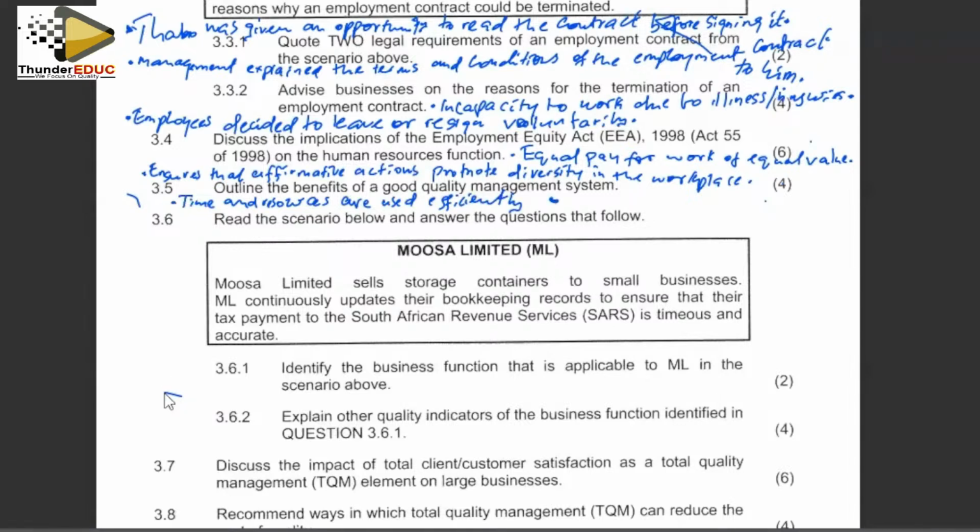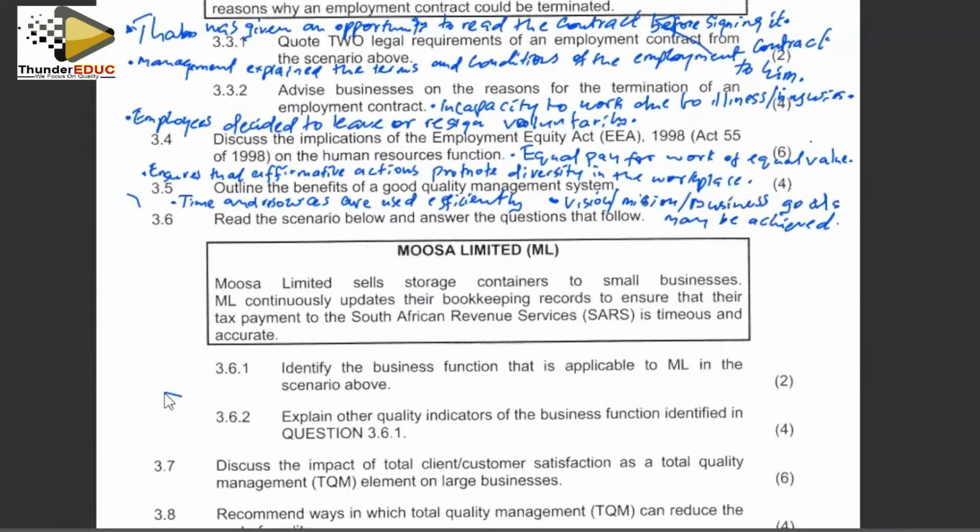And also we are saying that vision, mission, or business goals may be achieved. Okay, so now we're saying that time and resources are used efficiently. Also, vision, mission, business goals may be achieved.